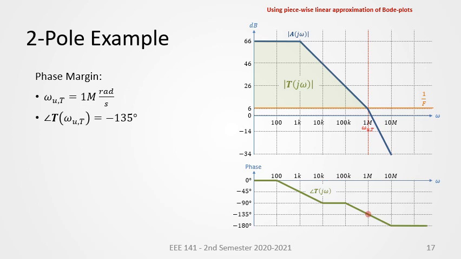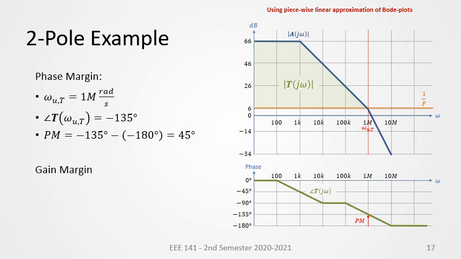Next, we note the loop gain phase at 1 megaradians per second, which is negative 135 degrees. We can then compute or measure the phase margin. PM is negative 135 degrees minus negative 180 degrees, or all in all, positive 45 degrees. The phase margin is also noted in the figure.